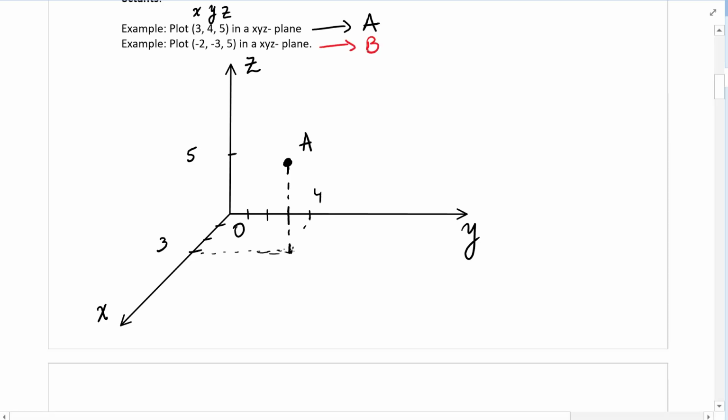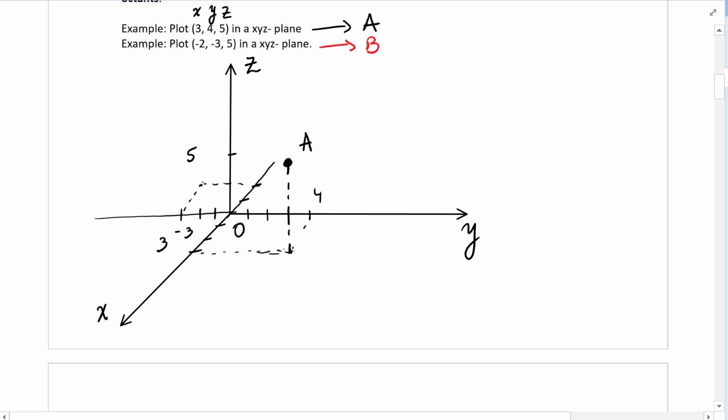Let's draw B. B is of coordinates -2, so X would be this way: 1, 2. Y is -3, so it would be in this direction: 1, 2, 3, -3. So we find the point where these two intersect.